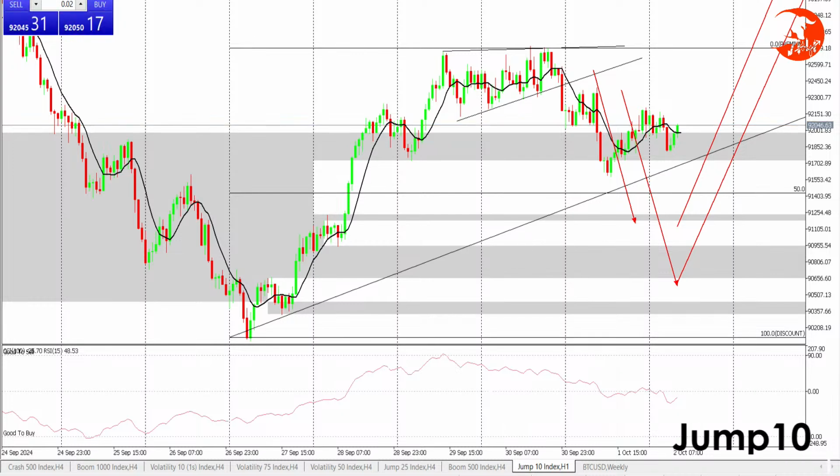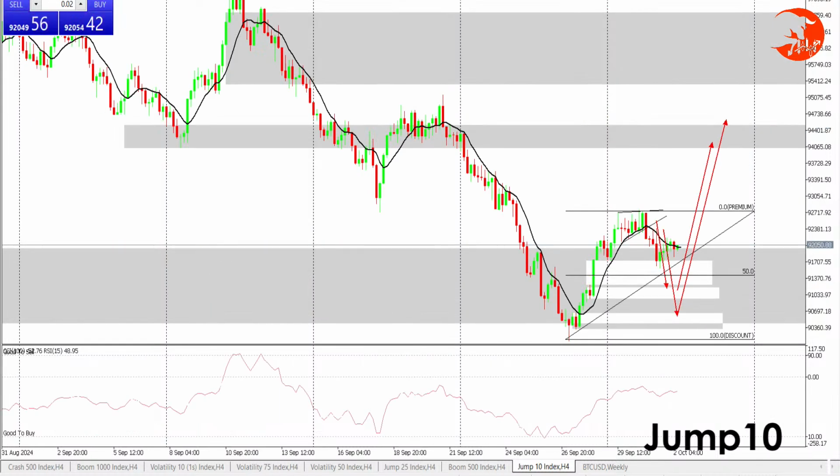So Jump 10 is our last asset we normally analyze, and so here we are still on the right track. What is this, H1? No, H4.